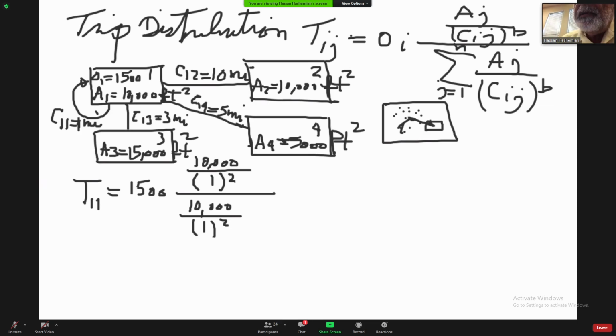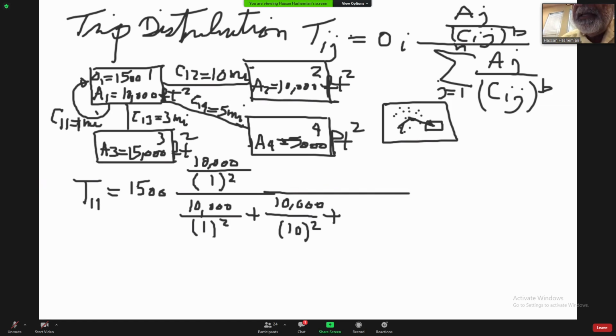If you're assuming J equal to 2, the summation will be plus A2. A2 is 10,000 square feet divided by C12, because J is equal to 2. So that is 10 miles squared, plus the J equal to 3.